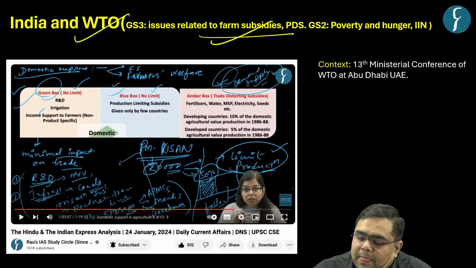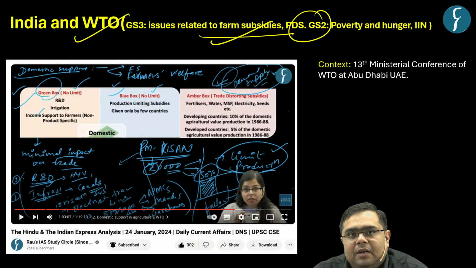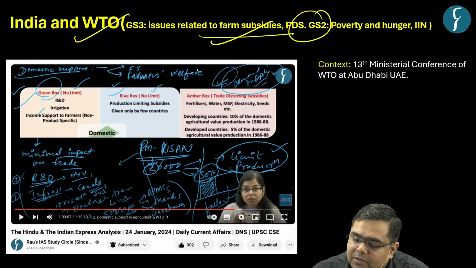And then there are contiguous issues of poverty and hunger and international institutions in our GS paper 2, which are required to be read in the context of which this WTO is important.